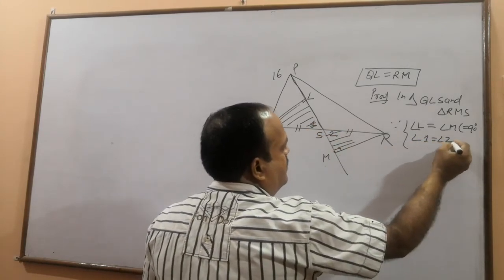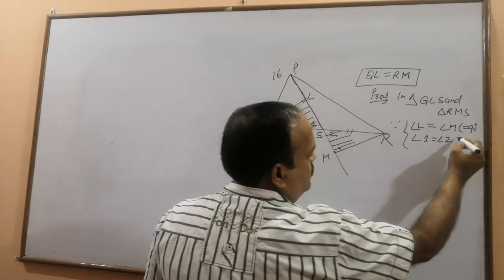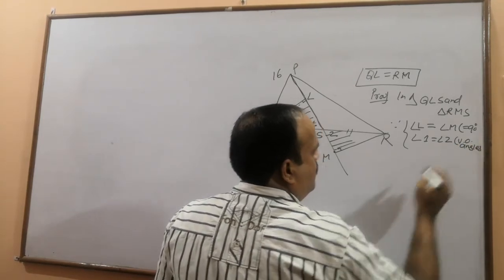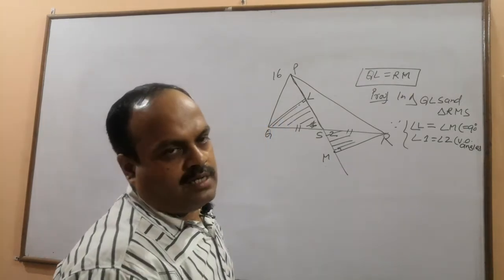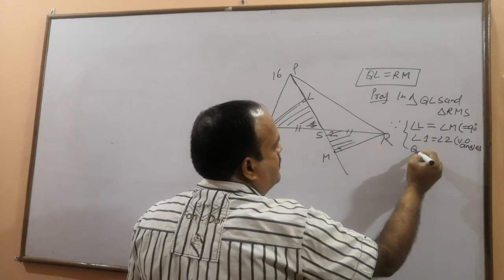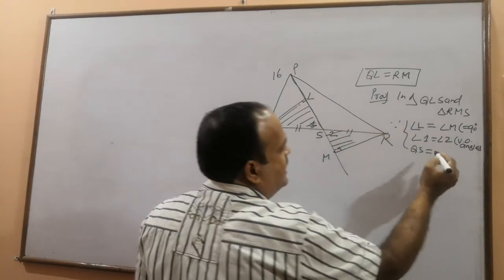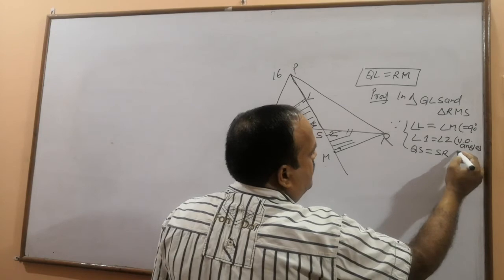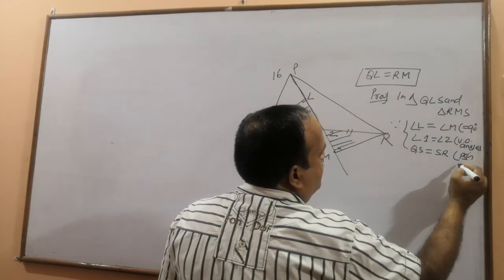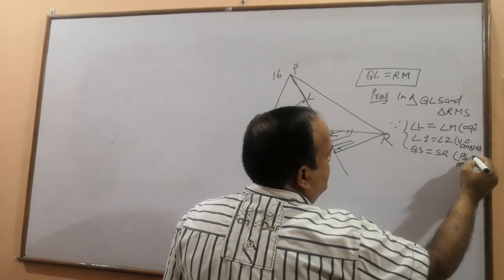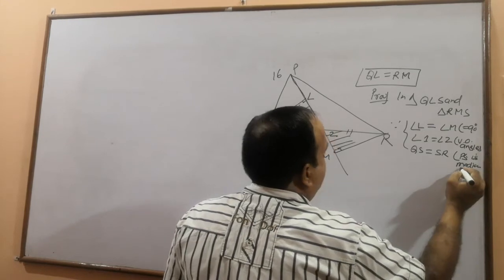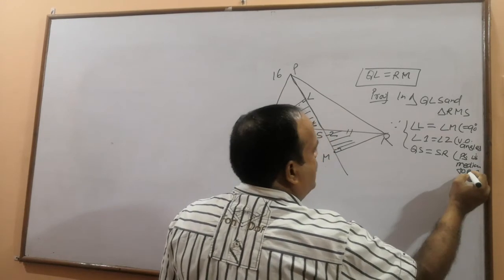Angle 1 equals to angle 2, vertically opposite angles, they are equal. QS equals to SR, PS is median to QR.